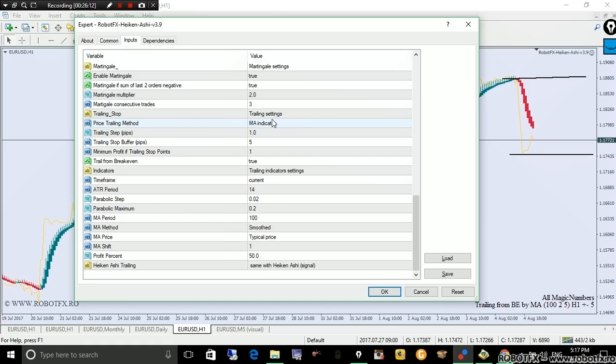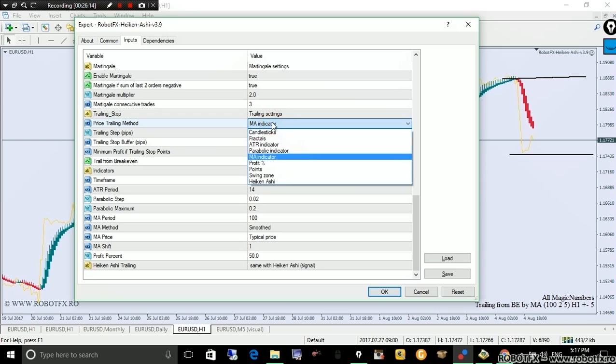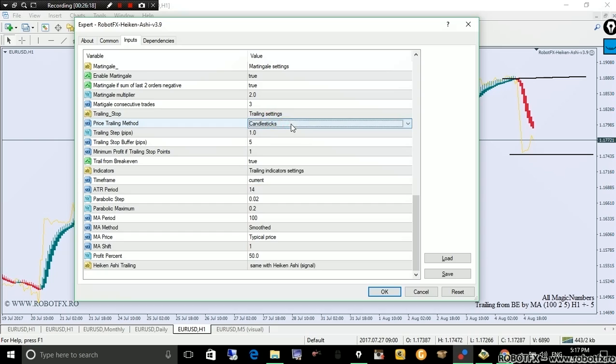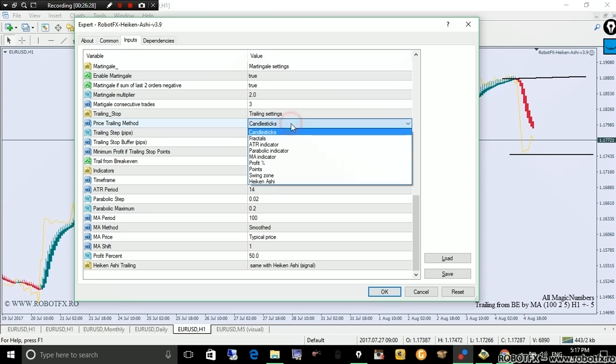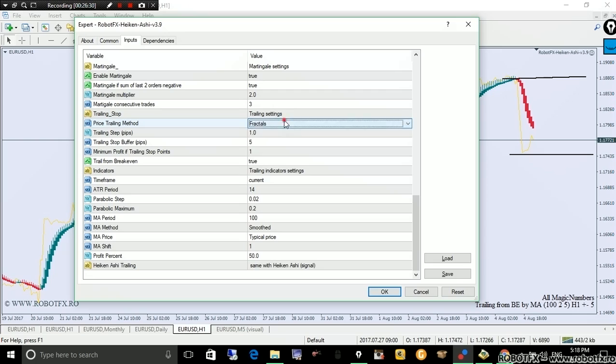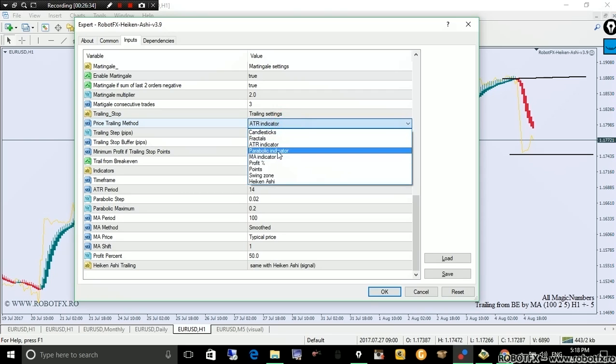But in a nutshell, just use an indicator from here or a method of trailing the price. Candlestick means that the price will be trailed, the stop loss will be placed after the candle closes at the end of that candle. Fractals uses the fractals indicator, ATR indicator, and so on.